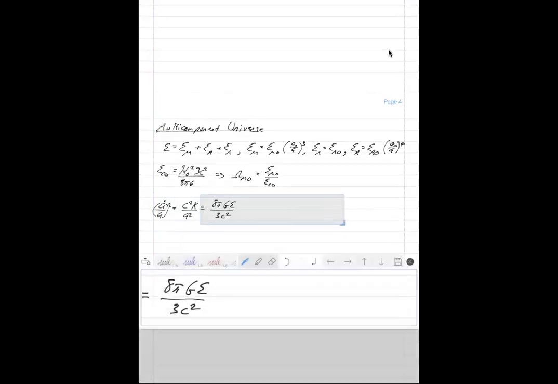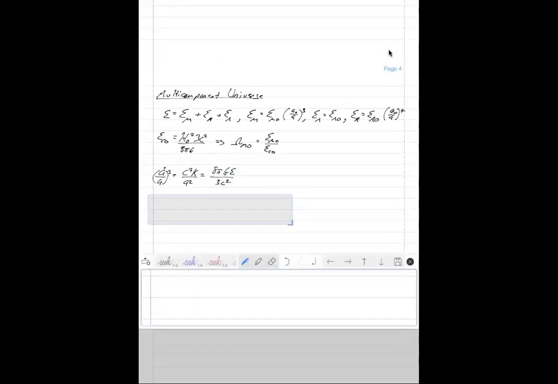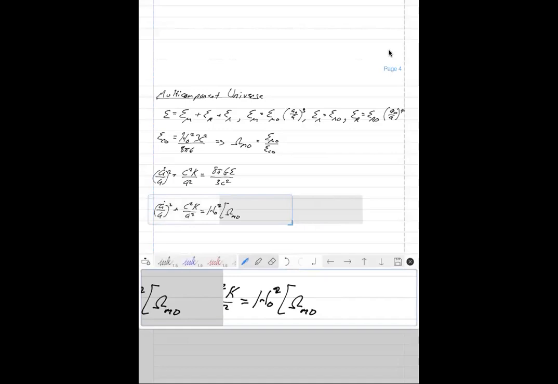And I can rewrite this. So A dot over A squared plus c squared times K over A squared is equal to H naught squared times omega matter today, and then x to the minus 3. x will be A over A0.